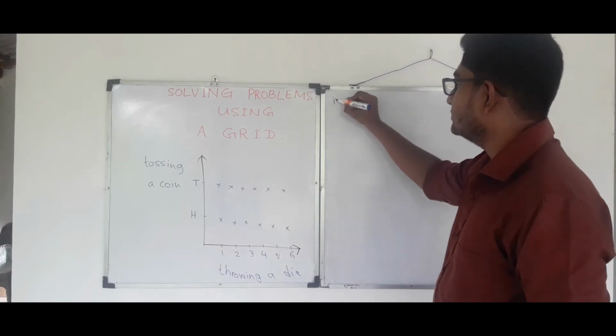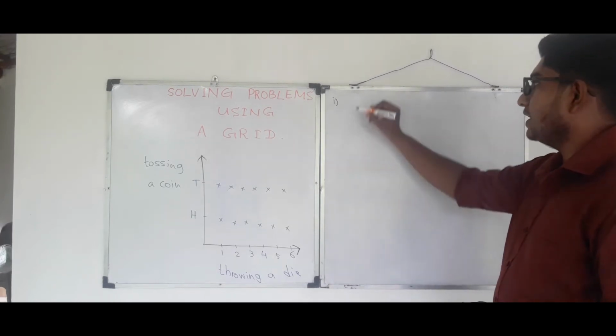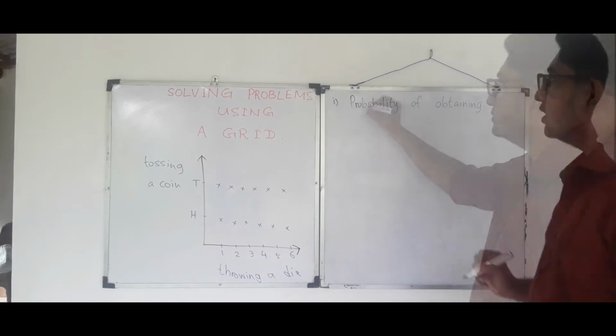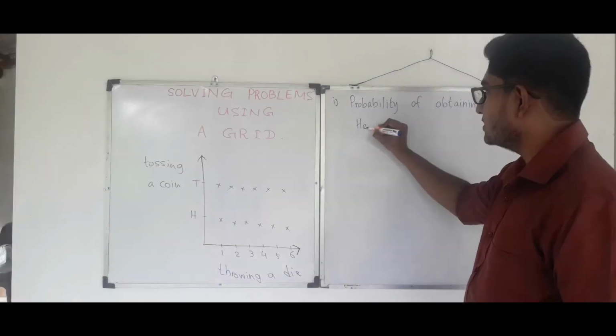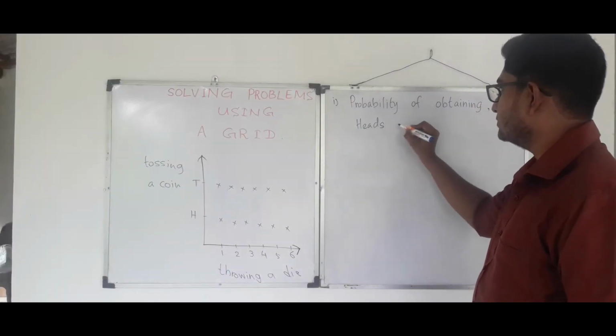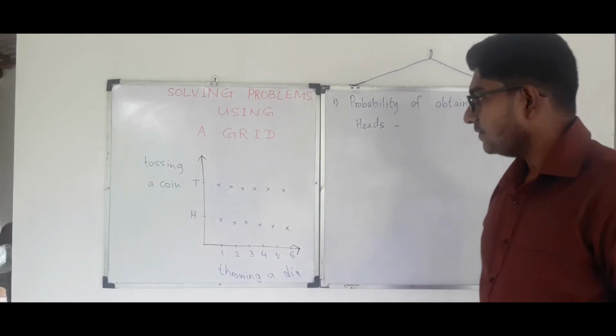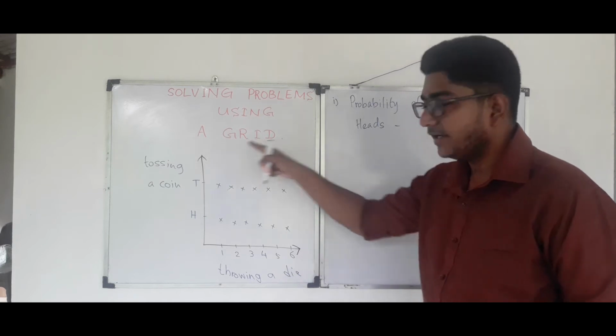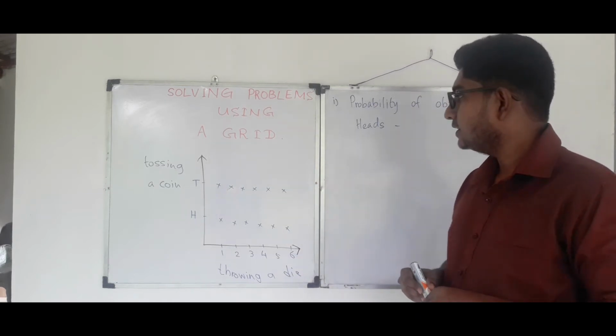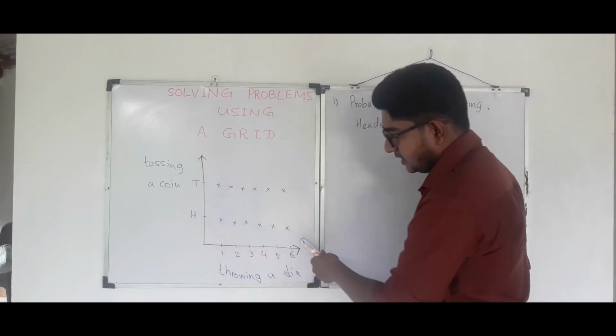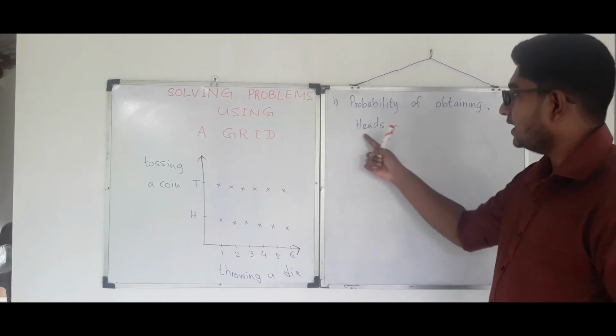Let's say, in the first question, they are asking the probability of obtaining heads. Then, in this grid, you have to select the crosses which indicate heads.